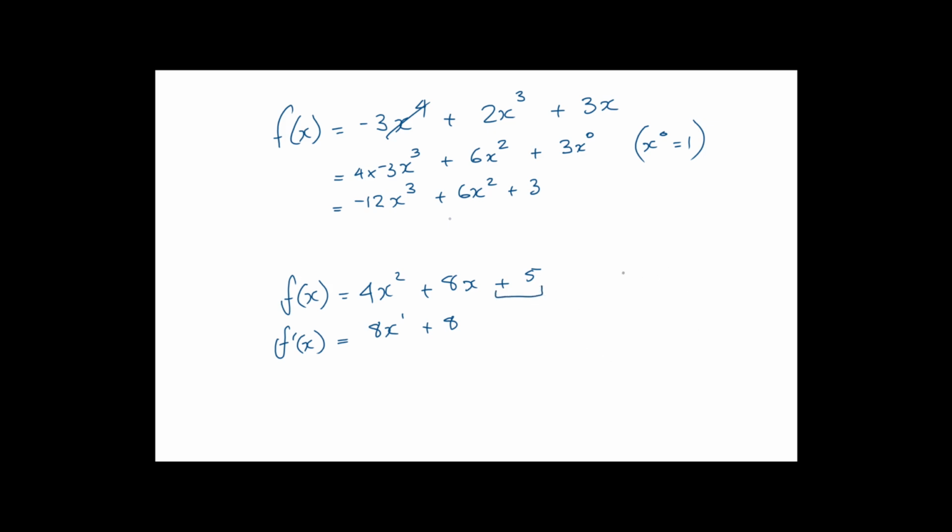Let's work it out. So at the moment, it's 5x to the power of 0, 5 times 1. Well, when we come to differentiate that, it's going to be 0 times 5x to the power of negative 1. It looks complicated, but it's times 0, so the whole thing goes.